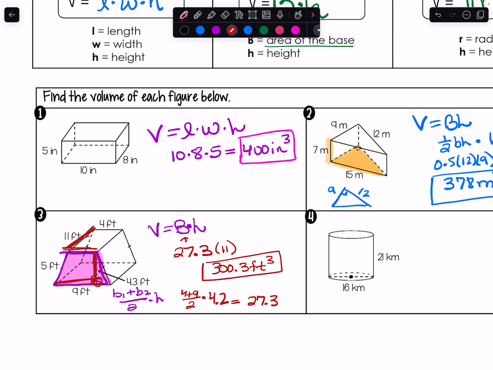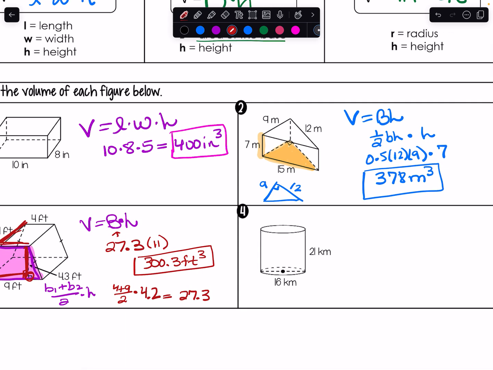And lastly, I have a cylinder, which is basically a prism, right? Because it has bases that are opposite, parallel, and congruent. It's just that they're circles. And then my distance between the circles is the height. So I'm going to do the area of the base, which is pi r squared, where r is 8, because the diameter is 16, times the height.